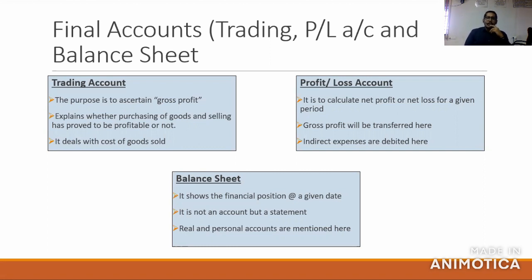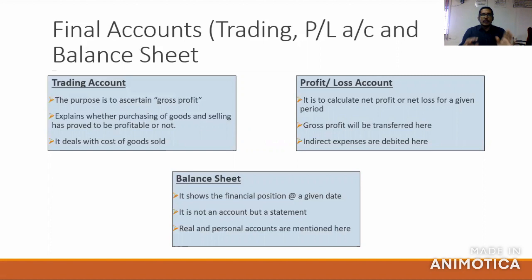What is trading account? First of all, what is the objective of our business? To make profit, right? So the main aim of trading account is to ascertain the gross profit of the business. Gross profit means whether purchasing of goods and selling of goods has proved to be profitable or not.